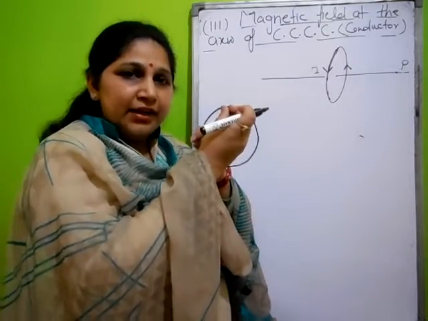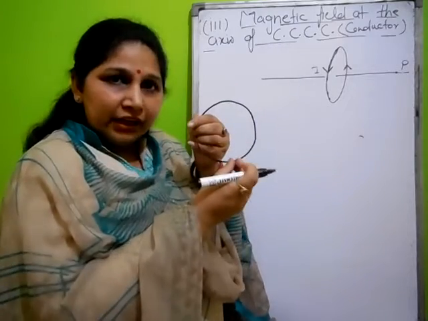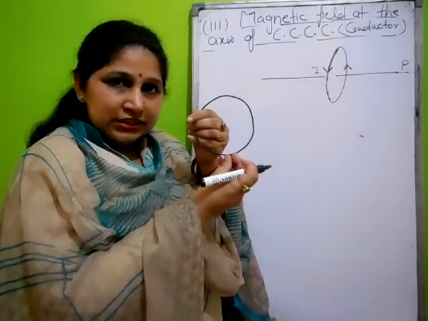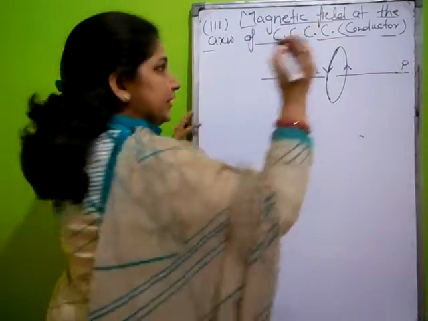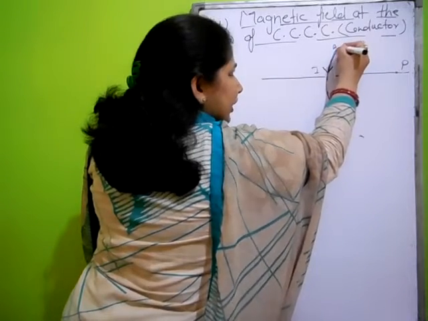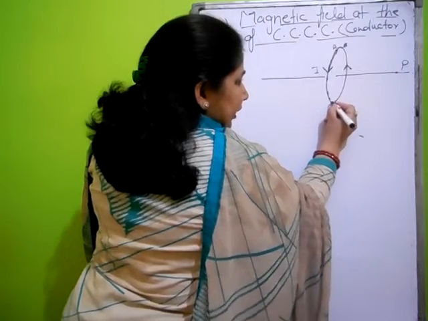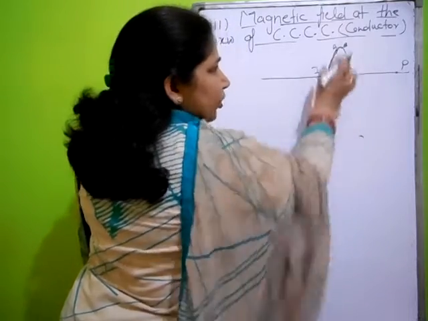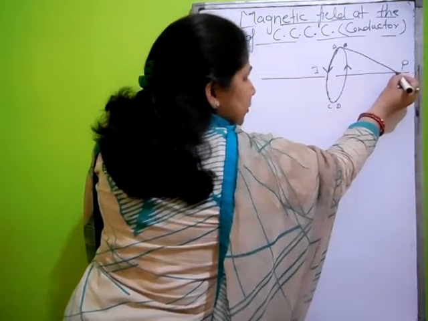First the conductor AB, then the second current element at the diametrically opposite point, CD. Due to these two current elements we will find the magnetic field at this point.